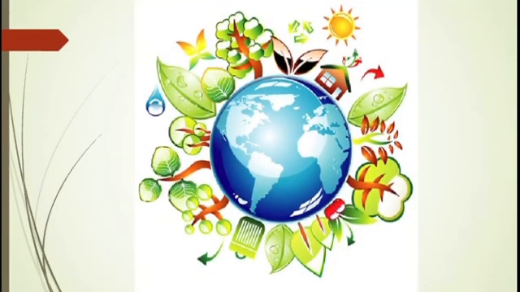So, dear students, air is the most important thing in our life, right? Our earth is surrounded by air, which is known as the atmosphere. This air extends up to many kilometers above the surface of the earth.